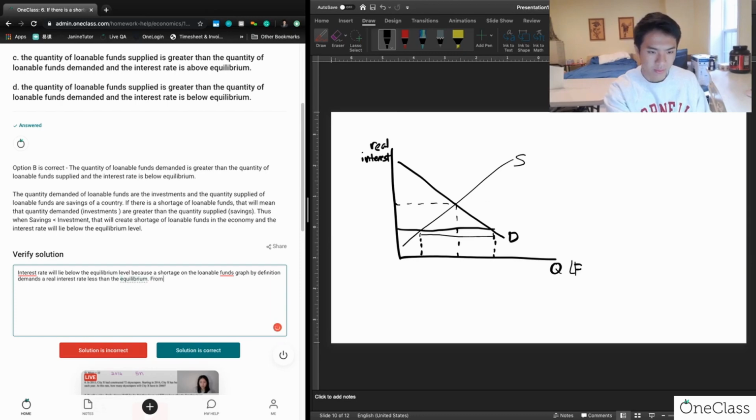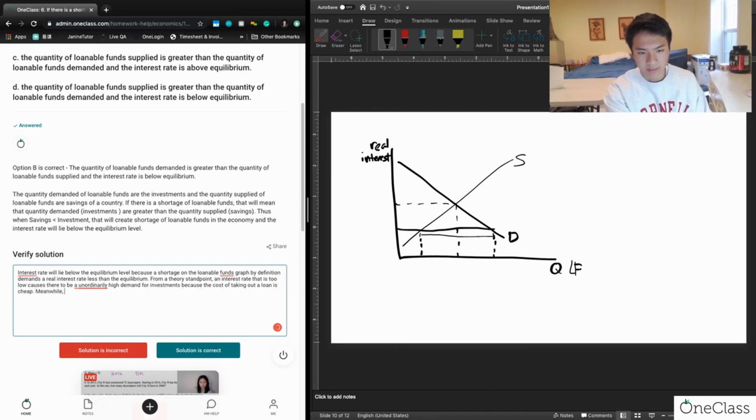From a theory standpoint, an interest rate that is too low causes there to be an unordinarily high demand for investments because the cost of taking out a loan is cheap.